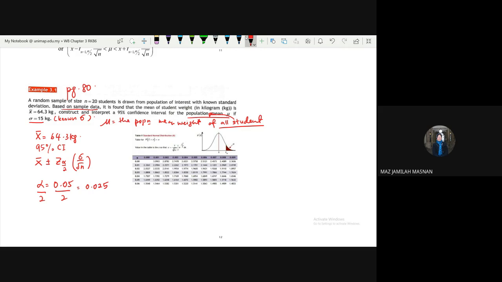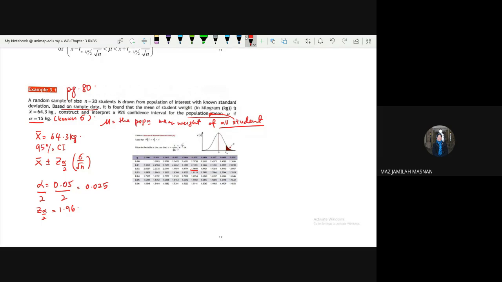So your z alpha over 2, if you look at your table, you will get 1.96.